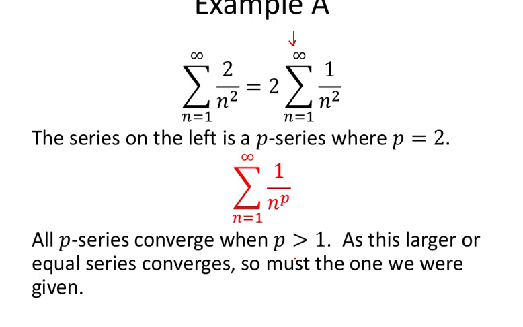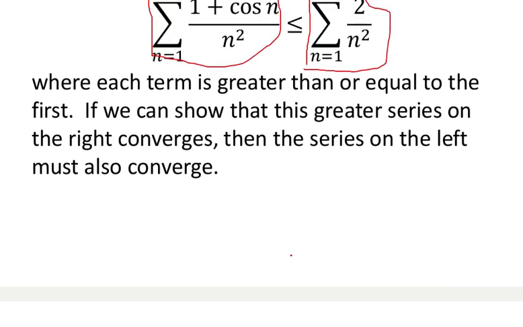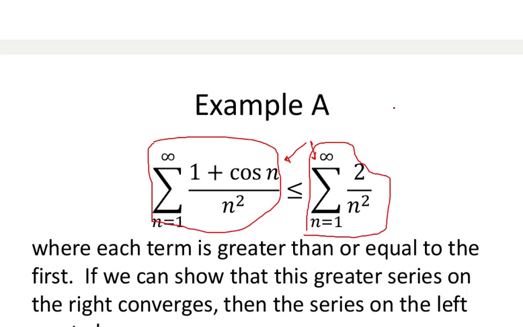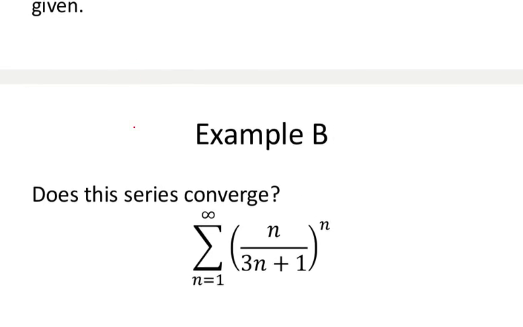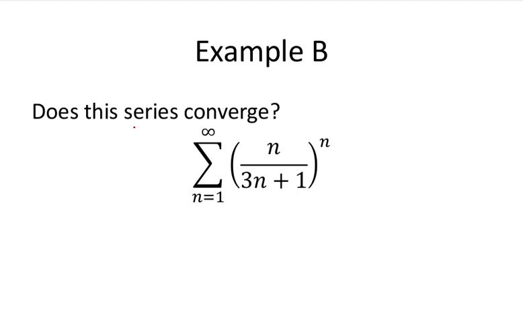So we've tested it, we've verified because of that. Because this converges, this must also converge. That's how the comparison test works.